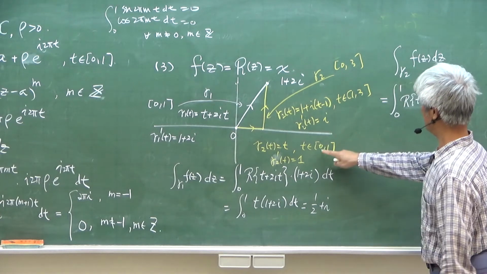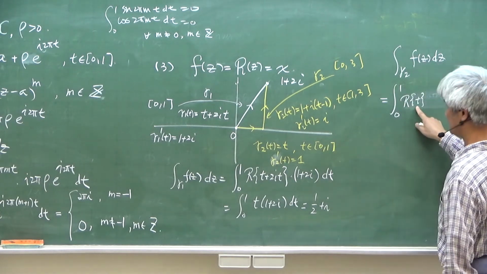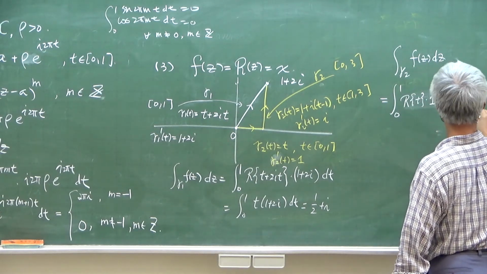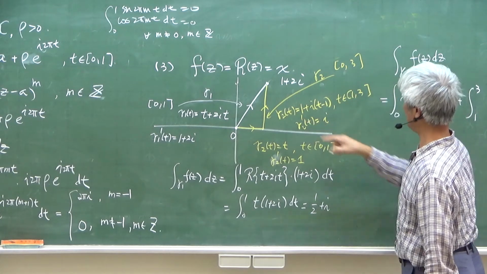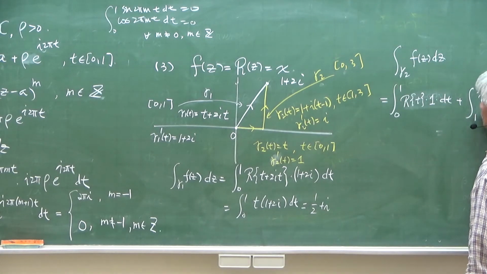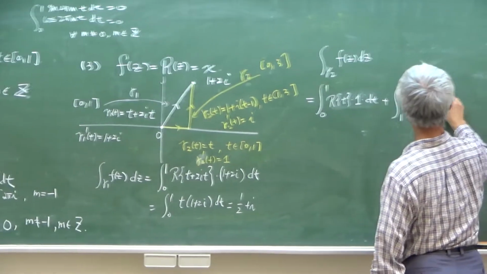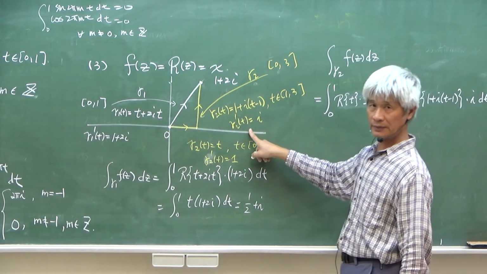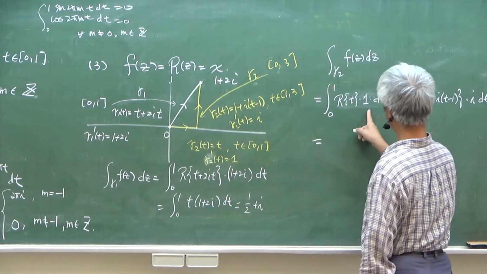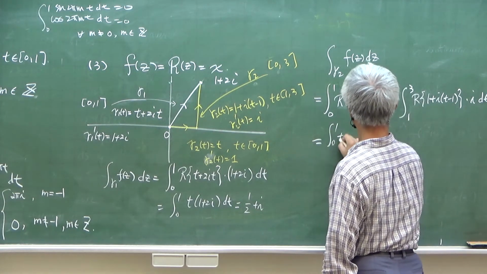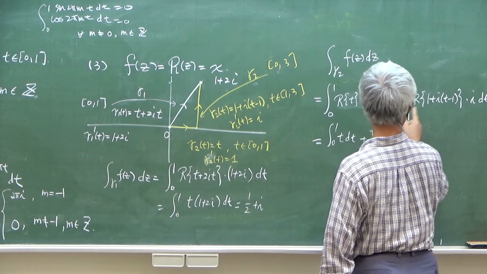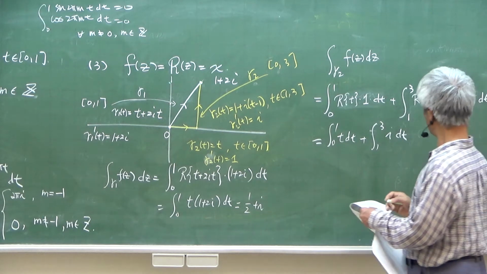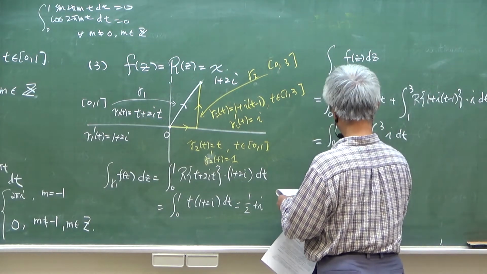So for the parameter from 0 to 1, it's the real part of t times 1 times dt, plus from 1 to 3, the real part of 1 plus i(t minus 1), times i dt. So here we have the integral from 0 to 1 of t dt, plus from 1 to 3, this is i times dt. So the result is 1/2 plus 2i.